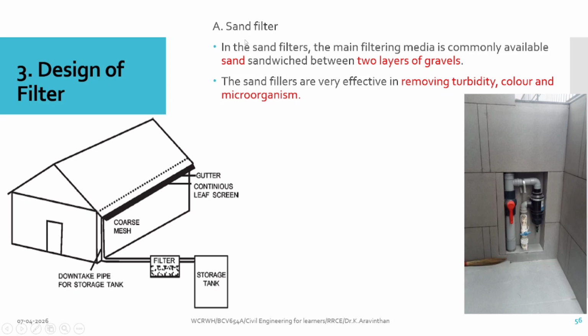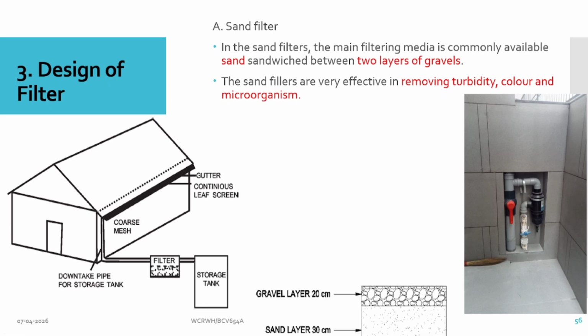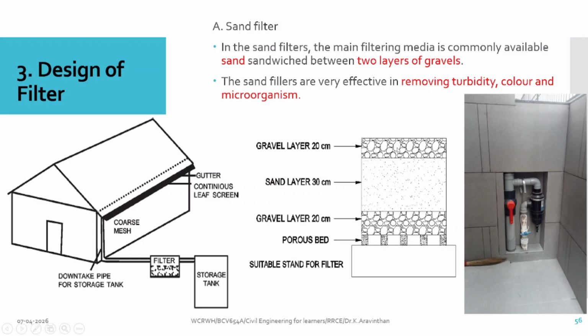Or else if you are taking the water for storage purpose and using it for your household and domestic purpose, you can install this kind of filter. If you are using it for groundwater recharge, you can use a sand filter. This I have already discussed: laying gravel in 2 layers as a sandwich, and in between you can have a sand layer of 30 centimeter.